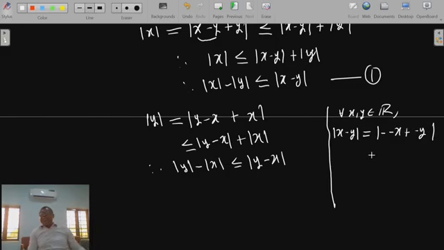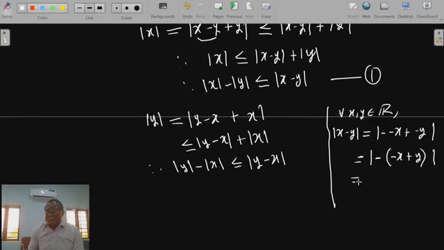I believe we will agree with this. And this is equal to absolute value of, minus is now common, I'll bring it out, and I have minus x then plus y.